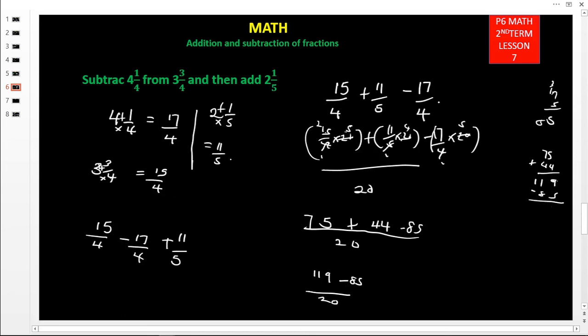So 0 minus 5, we regroup, 10 minus 5 is 5, then 2 minus 8, 12 minus 8 is 4, and we end up with 4. So this one is giving us 45 out of 20, and this fraction is improper. By 20, how many 20s are here? 2 remainder 5. So it's going to be 2 whole numbers, 5 out of 20.